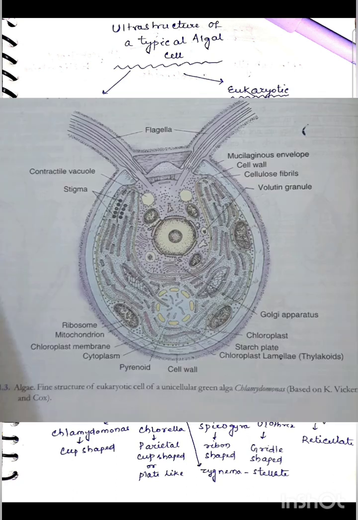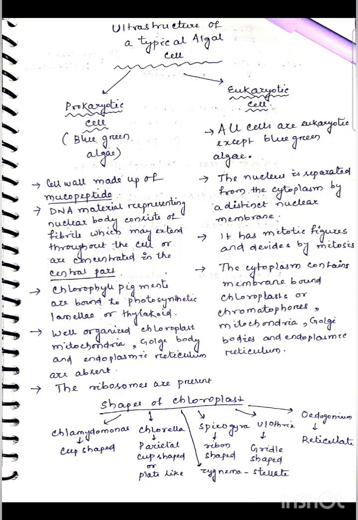Eukaryotic cells have a nucleus, a distinct nuclear membrane is present, and it has mitotic figures and divides by mitosis. Cytoplasm contains membrane-bound chloroplast, chromatophores, mitochondria, Golgi bodies, endoplasmic reticulum, as well as ribosomes. So these are typical structures of eukaryotic and prokaryotic cells.